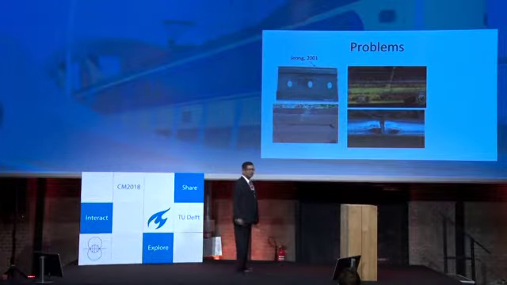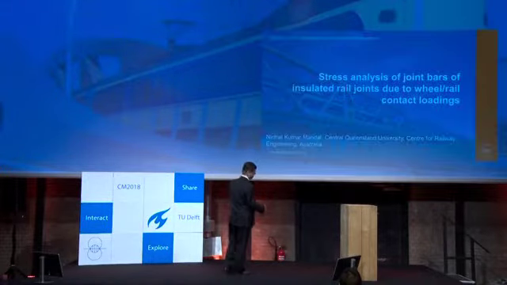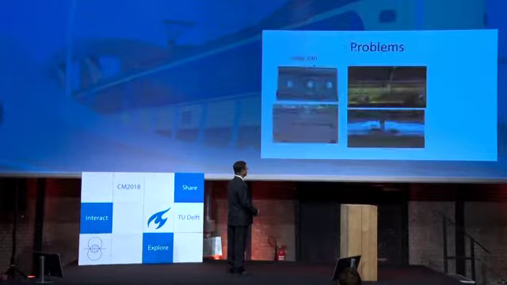Now, in terms of problems, what problems are we facing in Australia or elsewhere relating to this joint? This is the Australian experience. This is the end post, and this is rail 1 and rail 2.